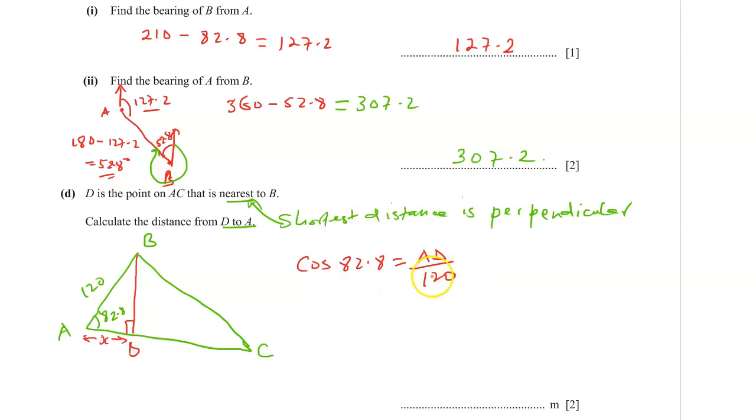AD is X. Therefore, we can say that AD is equal to 120 cos 82.8 degrees. And correct evaluation of this will give you 15 meters. So that's what you get here, 15 meters.